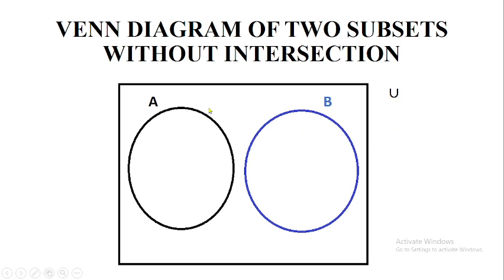But you can see that there is no intersection between set A and set B. What do I mean by that? Set A and set B are not joined together. They did not overlap. That means there is no intersection between them. So this is two subsets of the universal set without intersection between the two subsets.